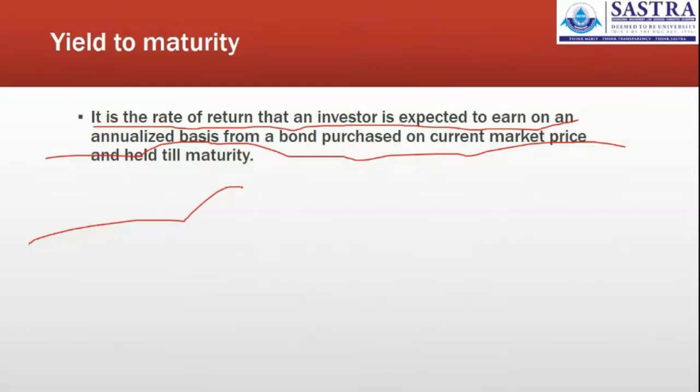The instrument may have been issued 2 years back, but the instrument has a maturity period of 10 years. Today I got the instrument, and till the maturity I will hold it. After the completion of the second year, from the third year onwards, I am going to hold this particular instrument till the 10 years. So what would be the maturity period applicable for such an instrument?